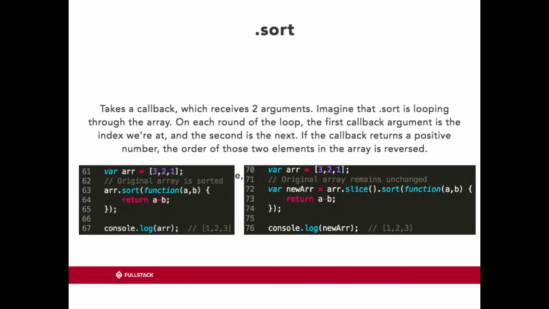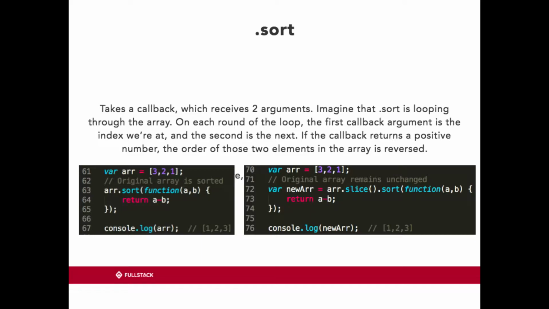Exactly. Yeah, in that case, actually, that's a good point. If I don't have the dot slice here, what do you guys think is going to happen, or what do you think the value of the new array is going to be? I have a guess, but I'm going to check it.